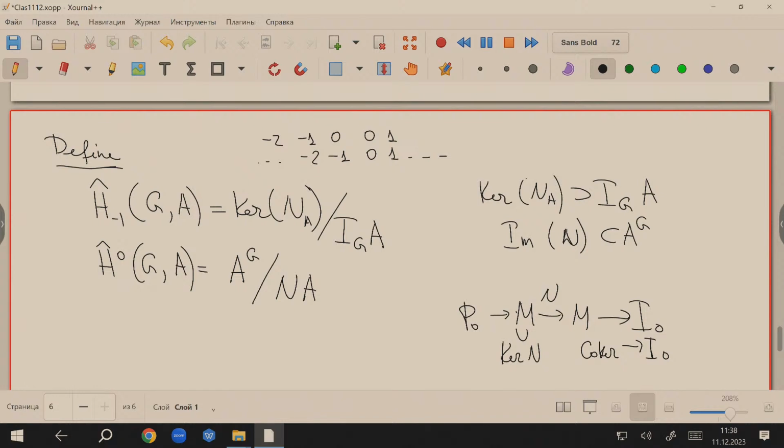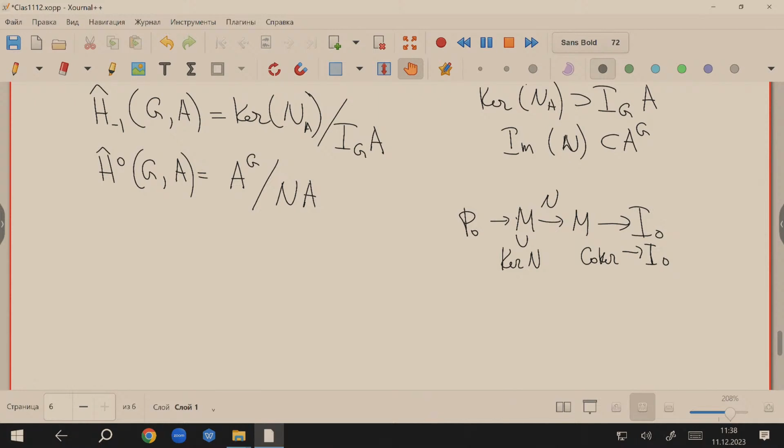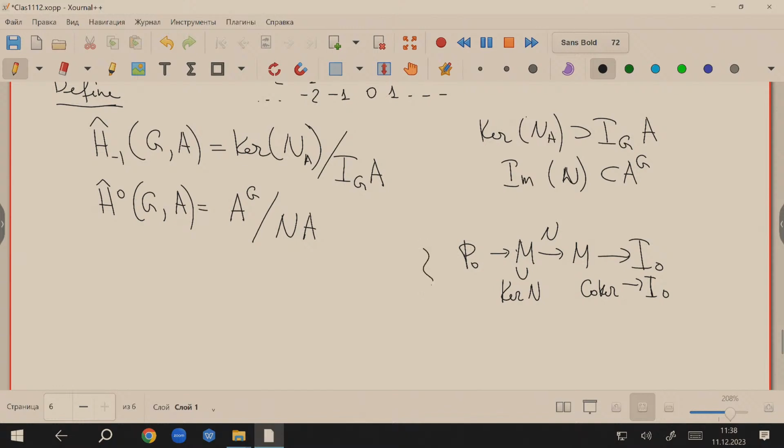So here we apply coinvariants, and here we apply invariants, and then you match your things and you have the corresponding long exact sequence.